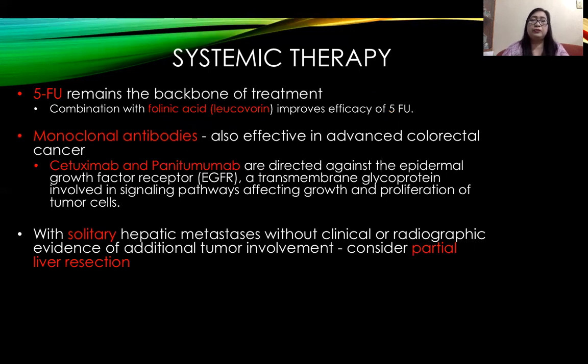For those patients who develop hepatic metastasis, if it is small and solitary without clinical or radiographic evidence of additional tumor involvement, you may consider partial liver resection in those cases. But again, it is very difficult to convince, especially if your patient is an elderly patient, to undergo such.